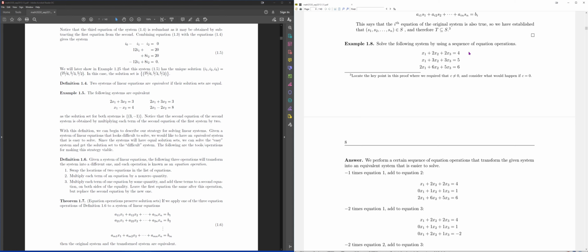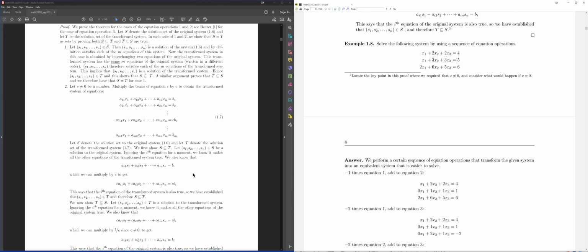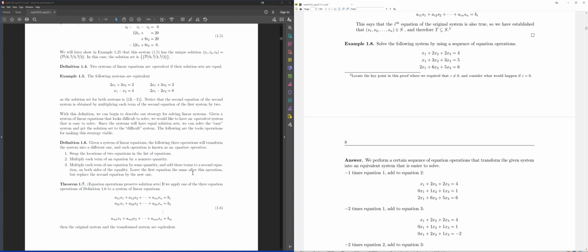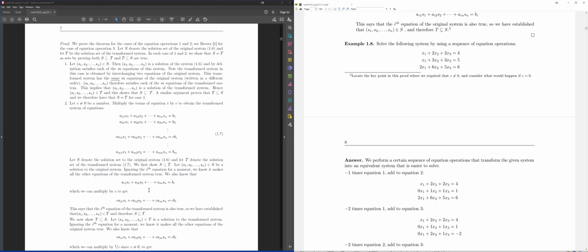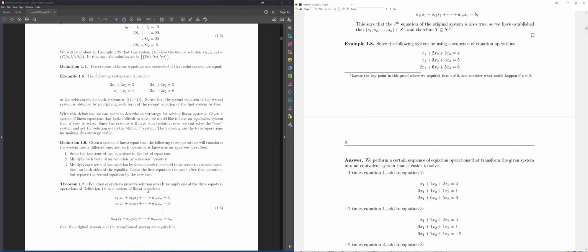Okay, and it turns out that this here and this here have exactly the same solutions, right? And that can be proved. The proof isn't stated over here, but if you think about it a bit, you realize that it makes sense.